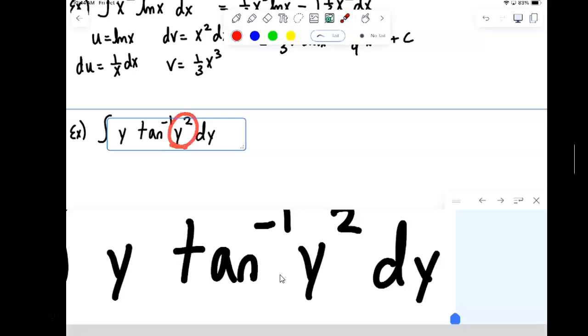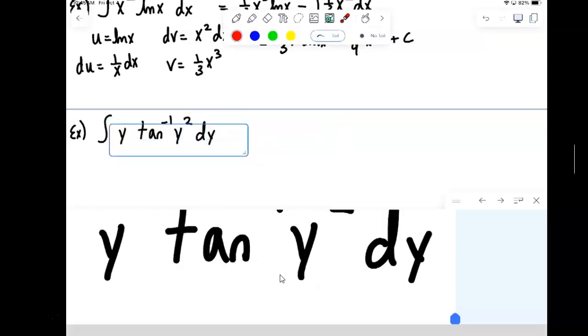Not only do I have that y squared in there, on the outside of my inverse tangent is the stuff that's needed to carry the substitution step through. So here, I want to address that composite function.